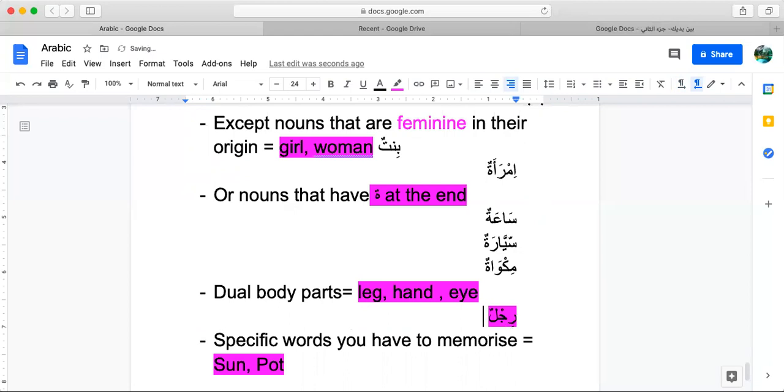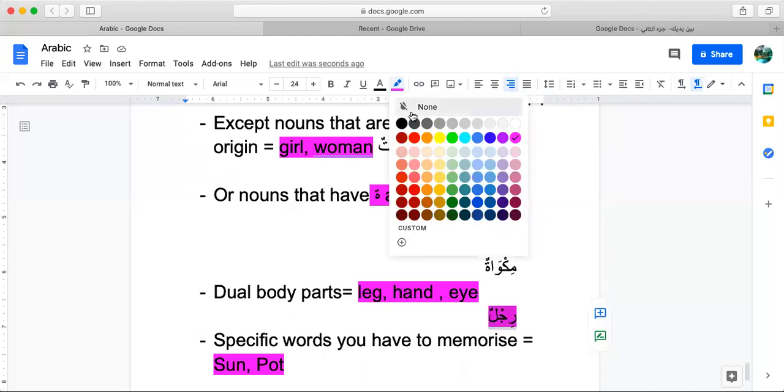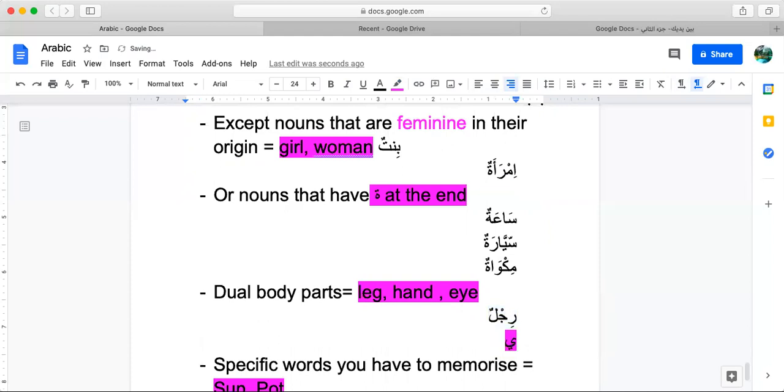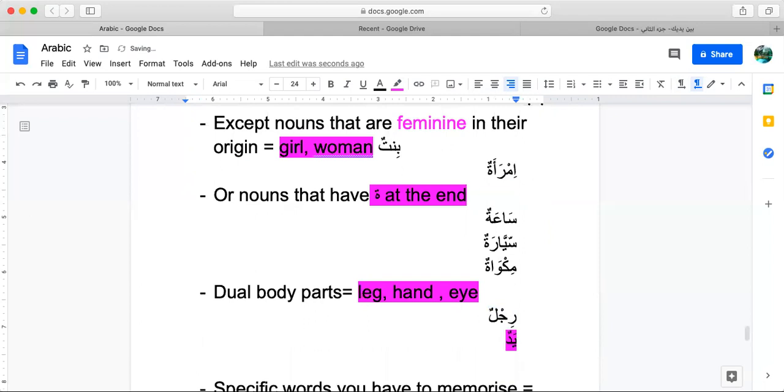Rijlun is feminine. So one leg is feminine, whilst hand, yaddun, is feminine. So is eye, ainun, is feminine. So all these are feminine.